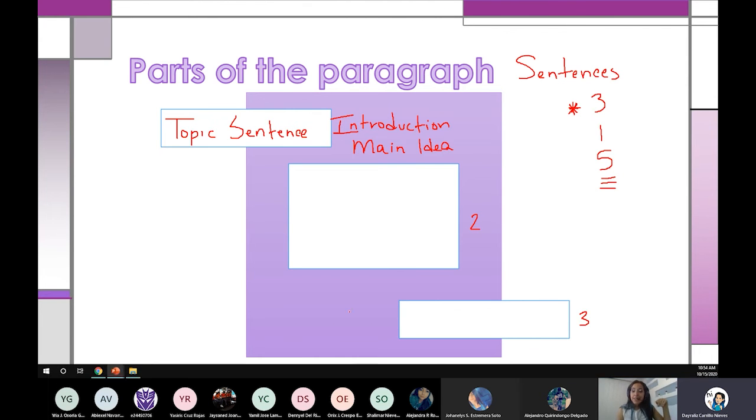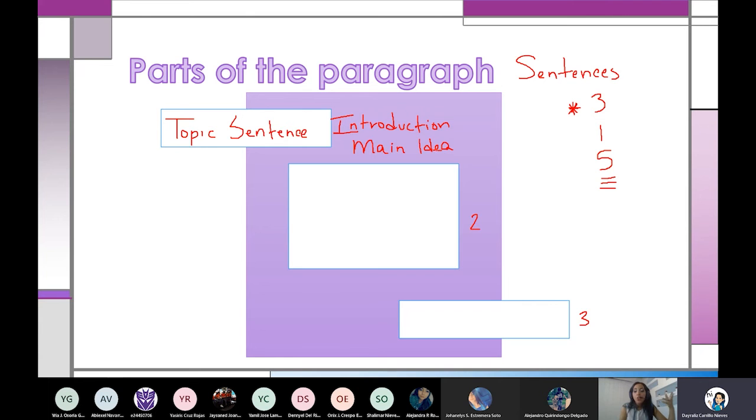The main idea is what the paragraph is about, the topic of the paragraph, el tema. So that's why it is called the topic sentence. Every paragraph needs to have a topic sentence. You need to introduce, prepare the reader.